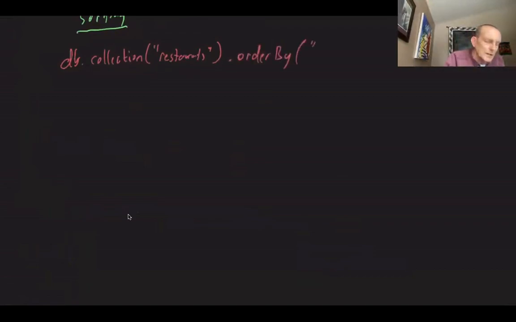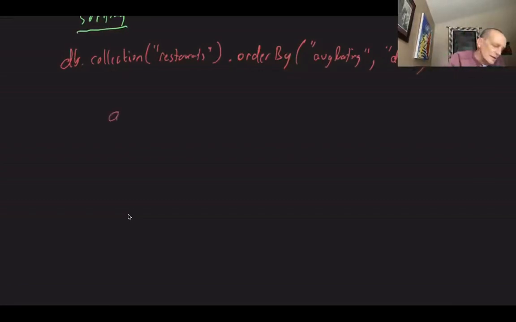We pass in the field name, like for instance, let's say it's average rating. And by default, it's ascending. If we want descending, we put in the string DESC. So then we can do, of course, a .get to actually get the documents that match the query.